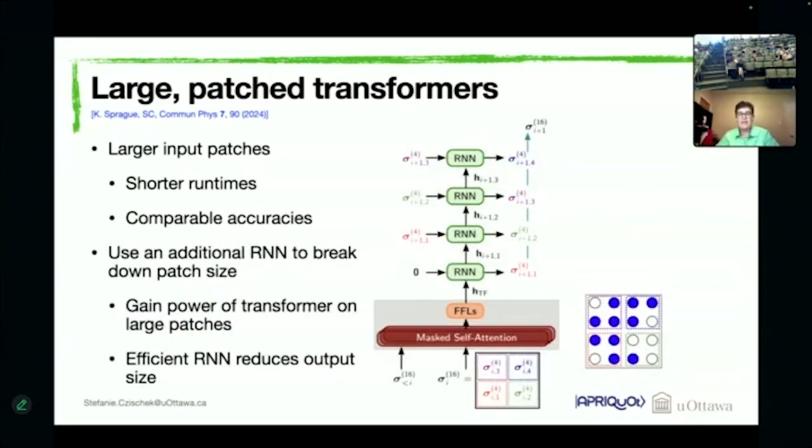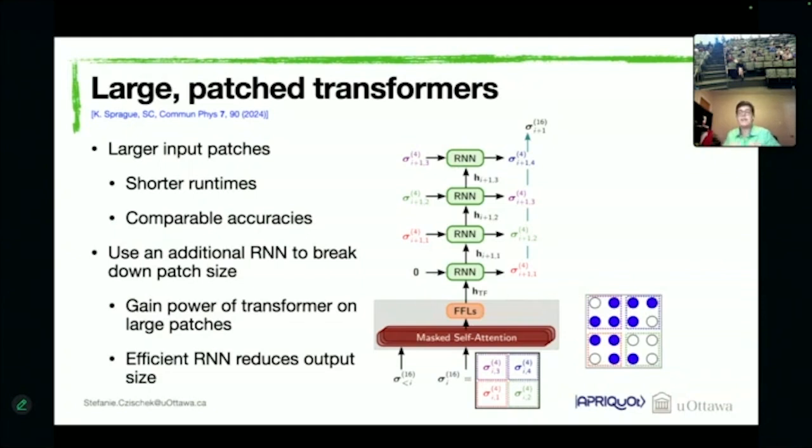And now what my student Kyle did is he came up with a network architecture, which we called the large patched transformer. And this combines the transformer and an RNN. And so what he did is that he sent a big patch of atoms, so 4 by 4 atoms here, into the transformer.